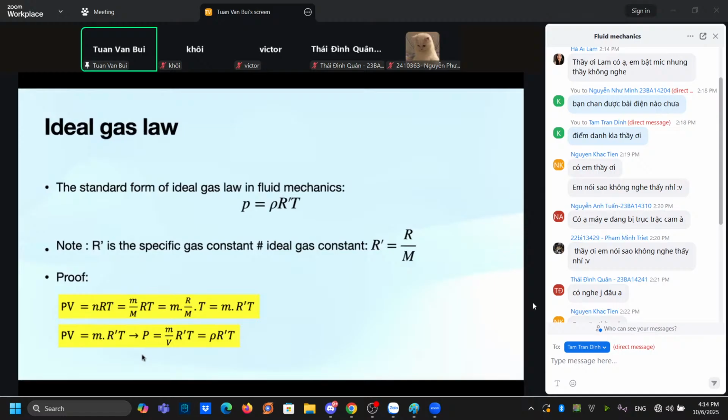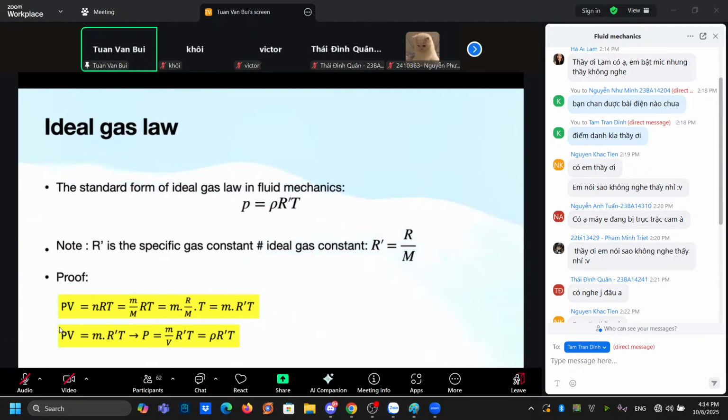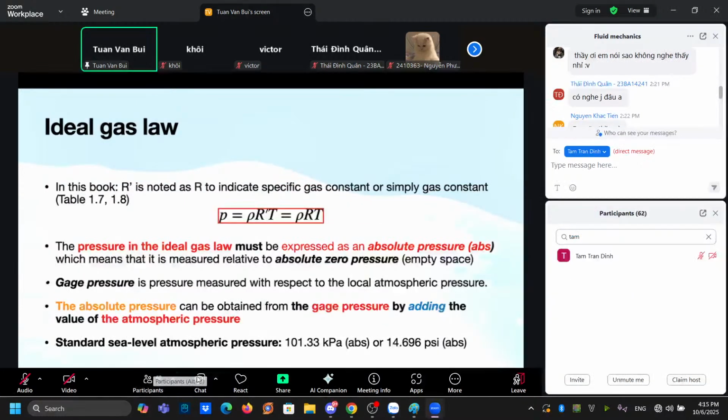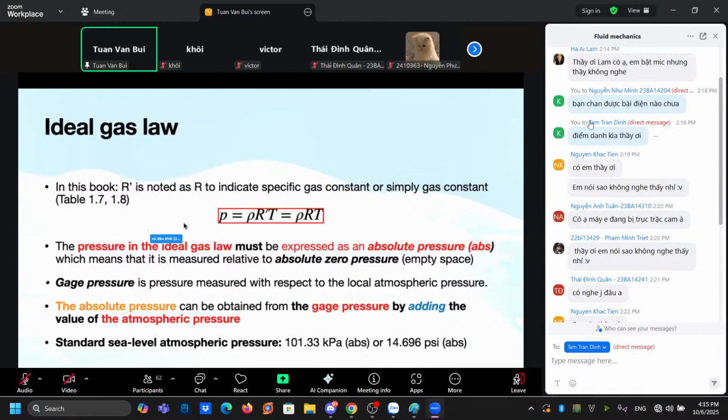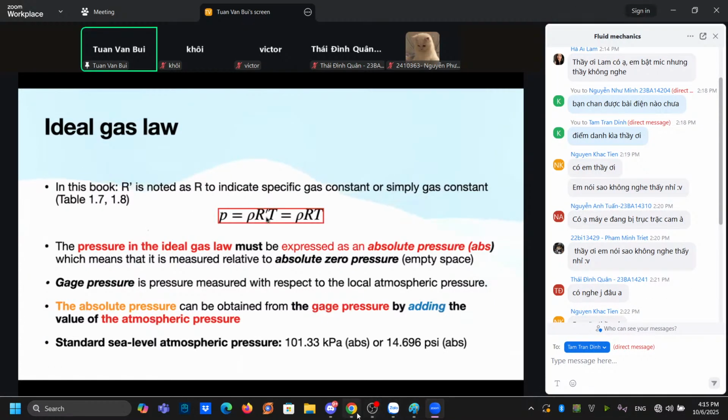So finally we will have P equals m divided by V times R prime T, or equal rho R prime T. In this textbook, we will write the equation simply, so from now on we can use P equals rho RT.